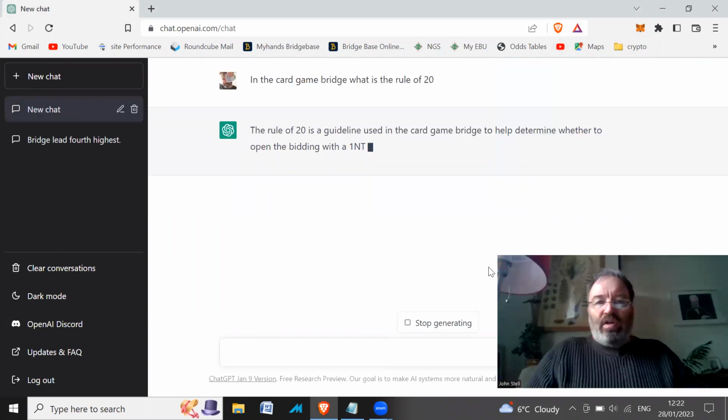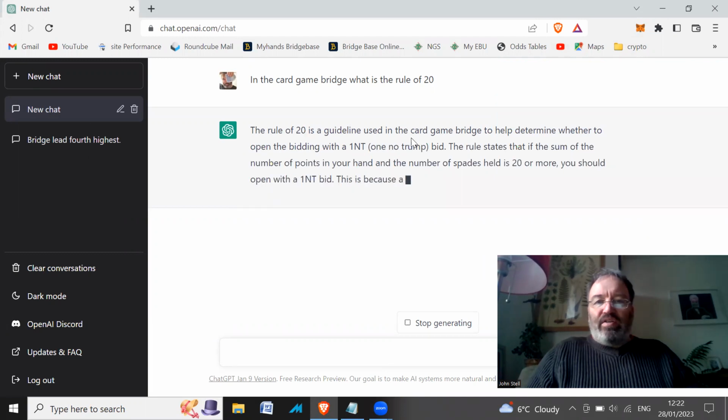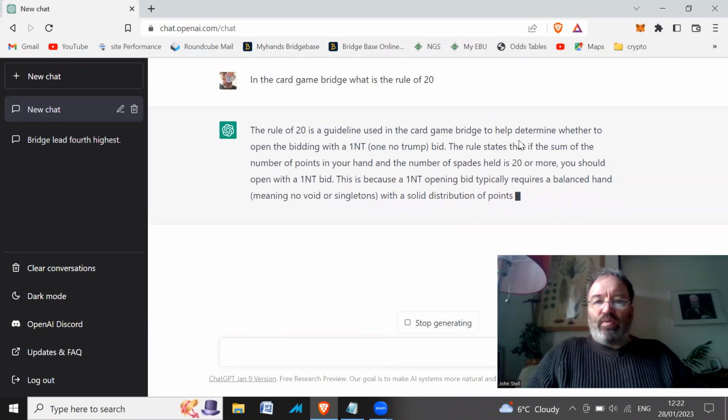So, the rule of 20 is a guideline used in the card game Bridge to help determine whether to open the bidding with a 1-no trump bid. What? The rule states that if the sum of the number of points in your hand and the number of spades held is 20 or more, you should open with a 1-no trump bid.